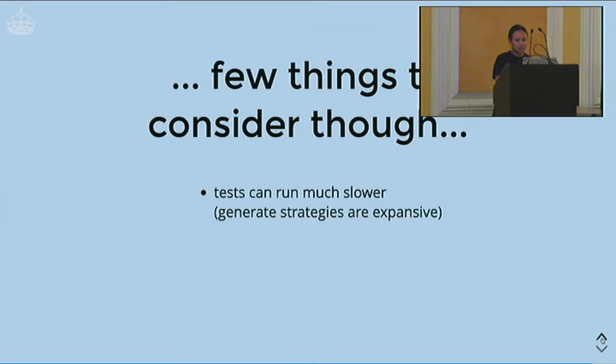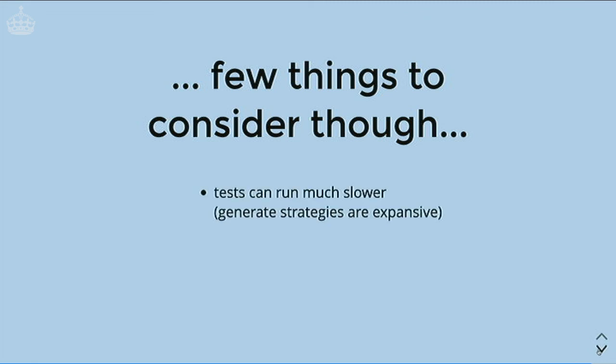So there's a little caveat before I end the talk, because there aren't many people using Hypothesis yet. So I'm trying to address this. Before you use Hypothesis, you should have an idea that this may not work for you. Sometimes tests can run slower because Hypothesis is generating all these strategies for you.